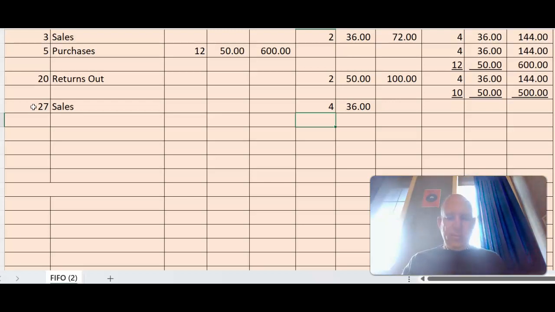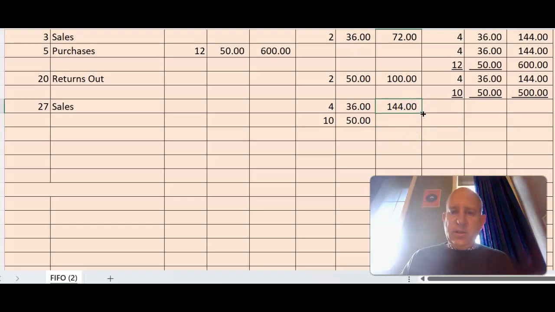Oh, we actually sold all of them out. So 10 at the 50. Notice that we've got to sell the 4 first because it's first in, first out. So we get rid of the 4 first and then the 10 second. And that means we've got 0, 0, 0.